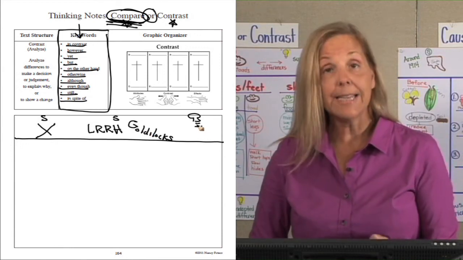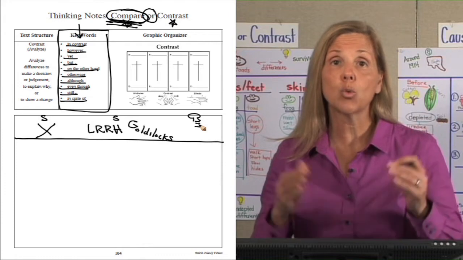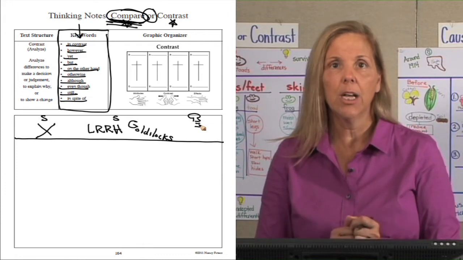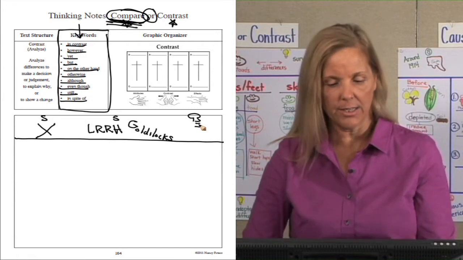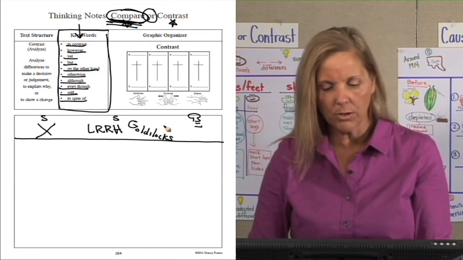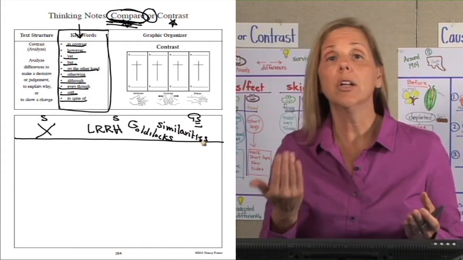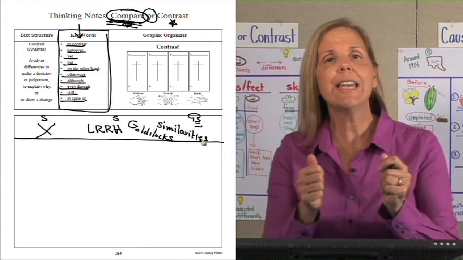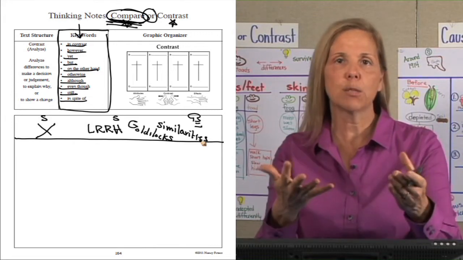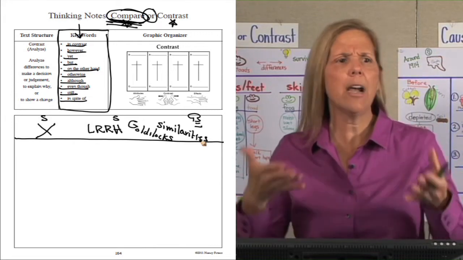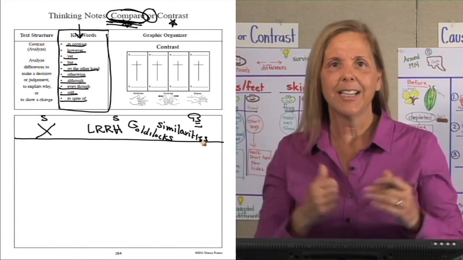Go to our big idea. What are we going to do with Little Red Riding Hood and Goldilocks? What type of analysis? We are going to compare them, show their similarities. So we are going to now show that they have similarities. Little Red Riding Hood and Goldilocks have many similarities. So we're rehearsing that. And at this point we say, who cares? Why do we need to analyze their similarities?